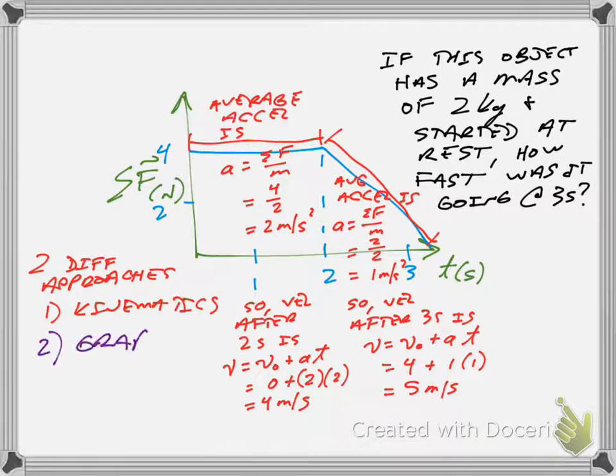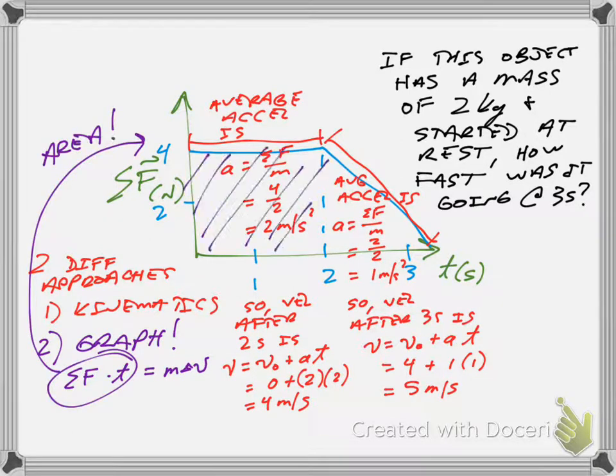So that's one approach. You can see it's a little clunky and a little time consuming, but look at this. We can use the graph as well. If we use Newton's second law and the definition in terms of impulse and momentum, then the left side of that equation, F times t, is the area bound by the curve of our graph.